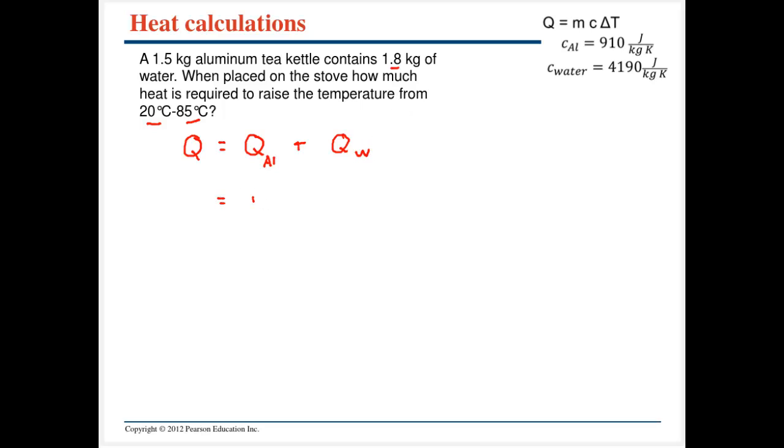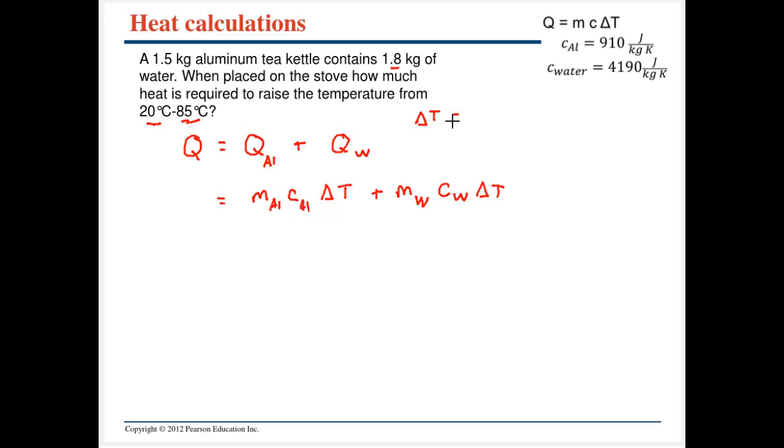And we know the relationship. It's going to be the mass of the aluminum multiplied by the specific heat of the aluminum multiplied by the change in temperature of the kettle. Make sure that says aluminum. Plus the mass of the water, specific heat of the water, and the change in temperature of the water. And the change in temperature is simply going to be 20 and 85.